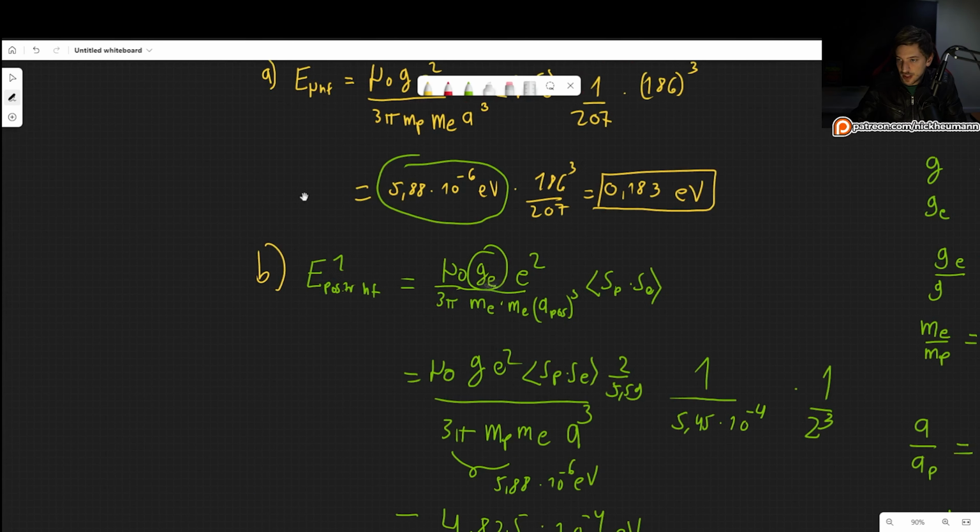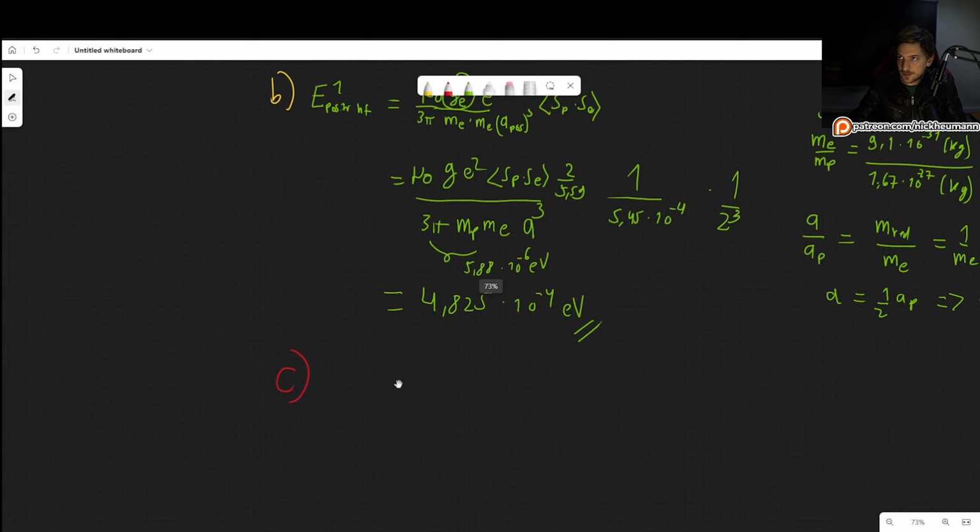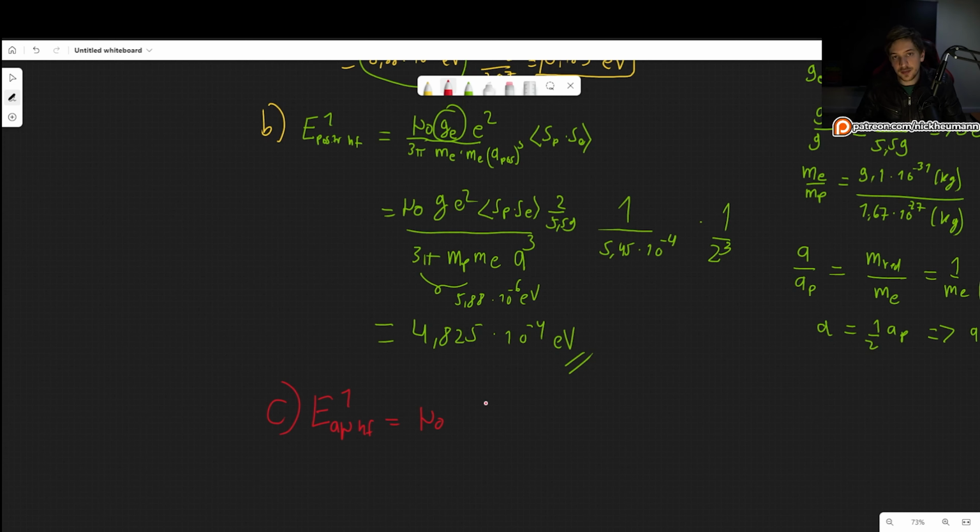So now let's go back to this. So let's see, we have E, now we are in the anti-muon hyperfine. I'm going to write it like that, but again, it's simply notation, it doesn't matter. Here we get mu naught, and now G, due to the anti-muon, right?